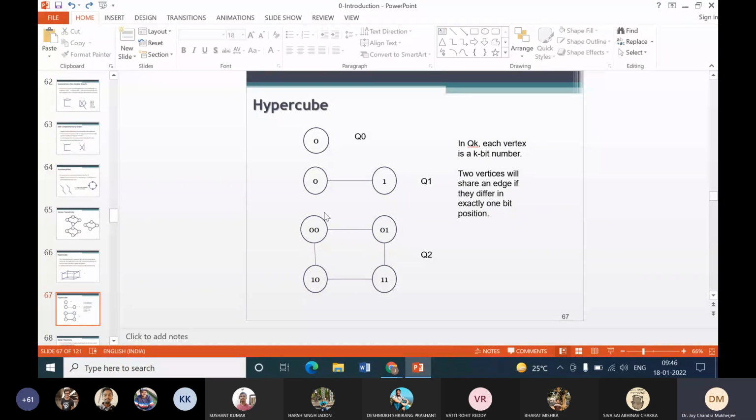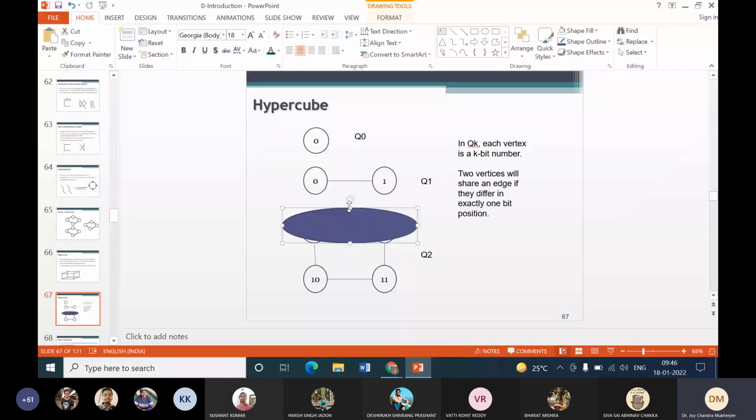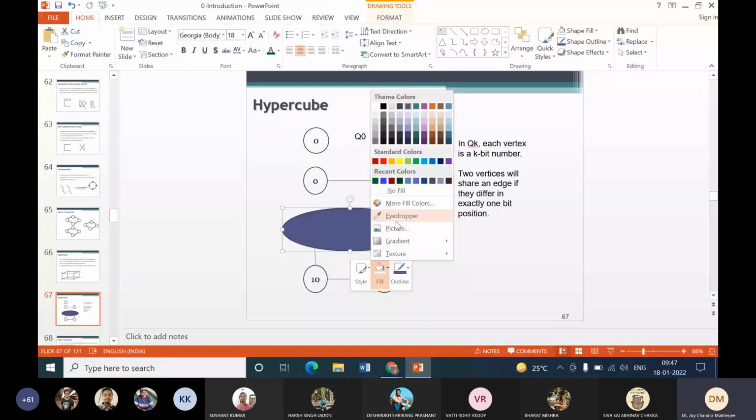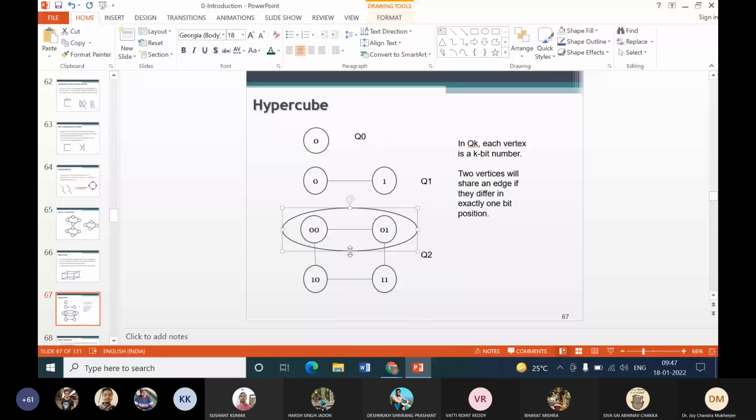You take two copies of Q1 like this. This is one Q1. This is the next Q1.